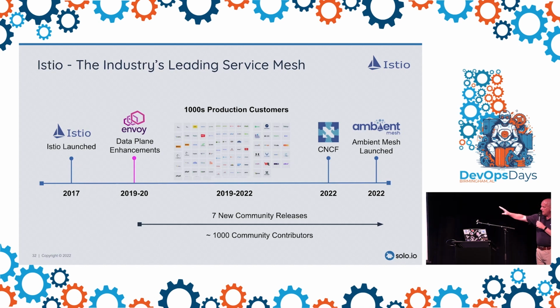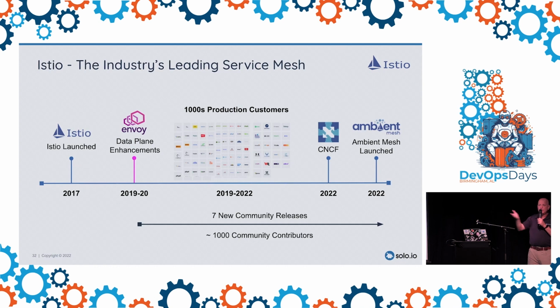And so as a result of all of this experience, we have a number of leaders in the community, most notably Google and Solo, who have learned some things, and we know that there are some ways that we can improve the architecture of Istio, and that's where the ambient mesh came from. Just an interesting little origin story there.